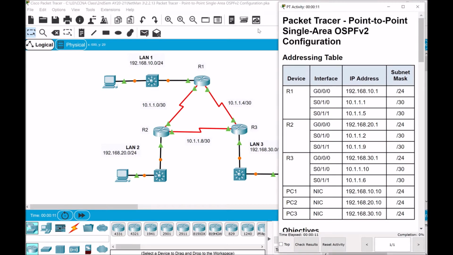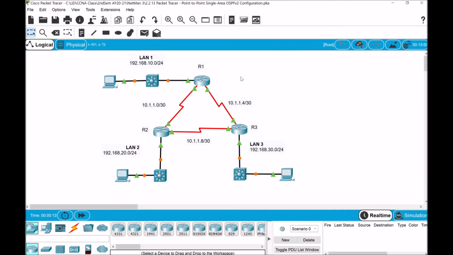Looking at our Packet Tracer activity, we are given this logical topology with three routers, R1, R2, and R3, in which each has one link with each of the other two routers, and each router also connects to its local area network. R1 connects to LAN 1, R2 to LAN 2, and R3 to LAN 3. We also have these switches and the three PCs.